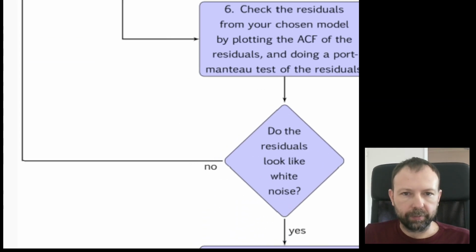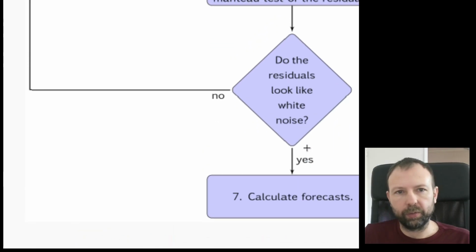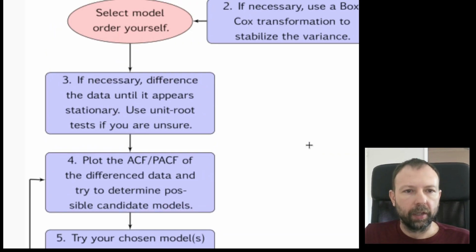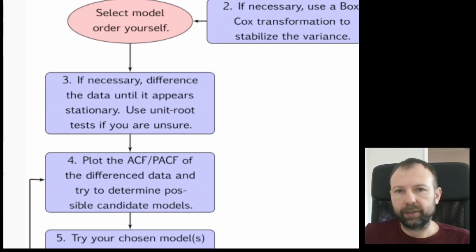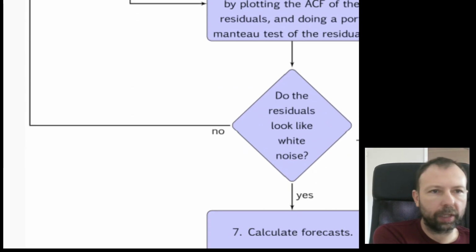If the residuals look like white noise, then you know you have a good model that models all the signal in the data, and everything left in the residuals is just white noise. If not, then you need to go back and iterate. And as I said, there are automatic procedures that automate that, and that's what we're going to look at next.